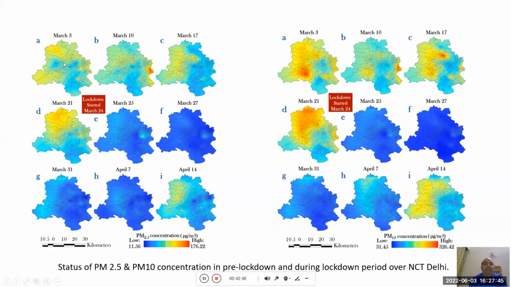It was as high as 176, and it fell back to the bluer one, which is the lower one. So around 60% to 70% reduction happened during this one month lockdown period, and that was tremendous and unpredicted by any of the models available to date.